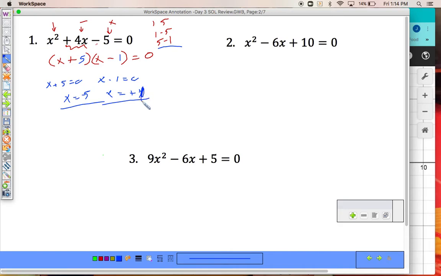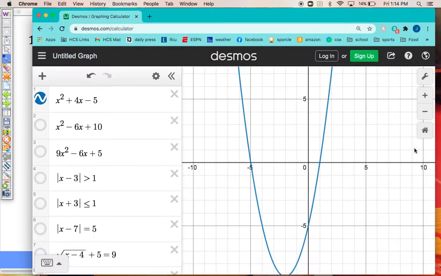Now to check this on Desmos, I graph it just the way it is. One solution's at negative 5, 0, because I want to know where it crosses the x-axis. And the other solution's at positive 1, like we said. This has 2 real solutions because it crosses the x-axis at 2 places. 2 real solutions, and they're rational because they're good-looking answers.